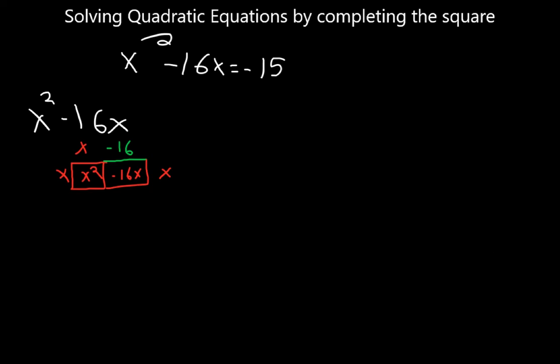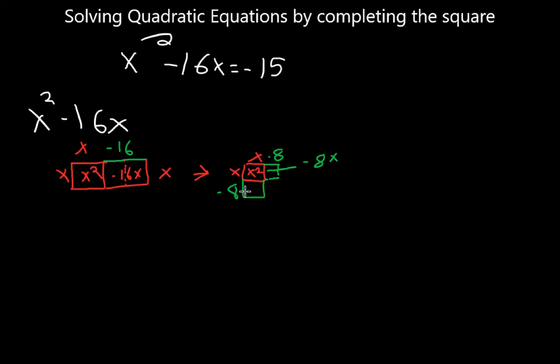Well, we're going to split this number in half to give us x squared, and then this green line will only go over negative 8 because we split it in half. So this value here will be negative 8x, and then we'll also have that going down here.